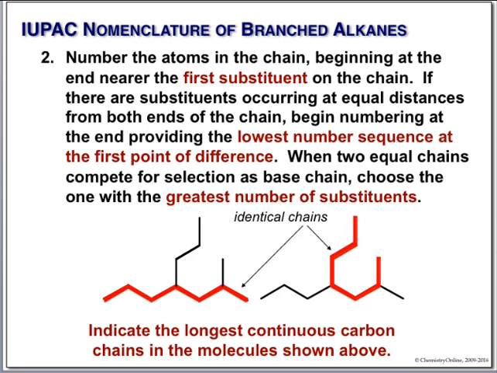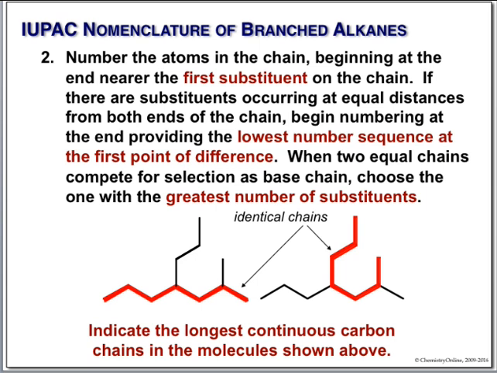Now if you look at these two chains, you want to see how many side chains they have. This one has a methyl group, a CH3, and a 3-carbon chain that's a propyl group also. Turns out this one also has a methyl group and a propyl. So these are identical. These are just different ways of drawing the same compound.